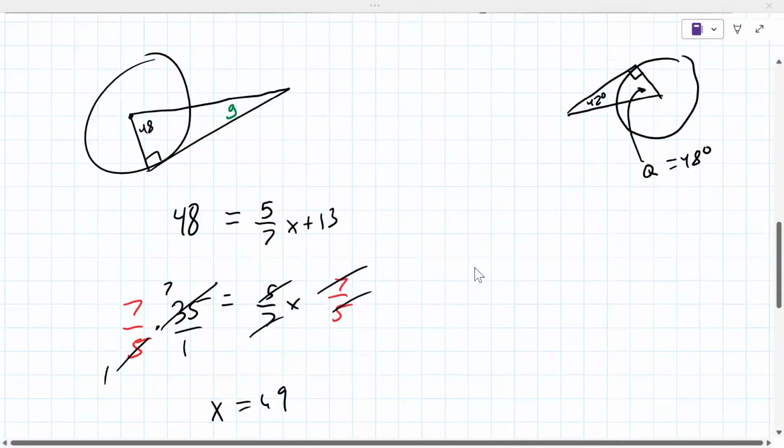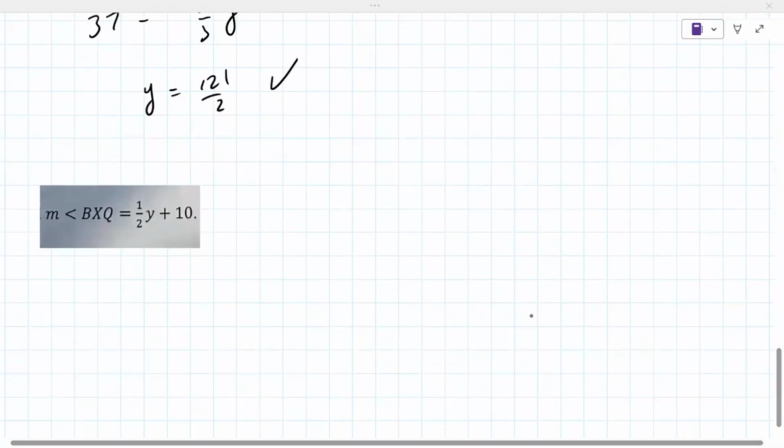All right, so you're going to set the equation equal to 48 and solve for y.